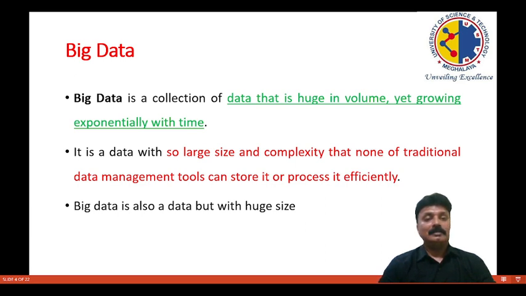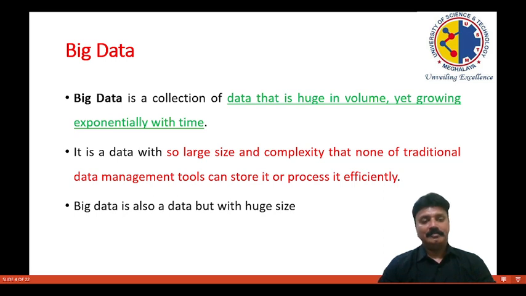From those systems the data generation will be very high, at the level of zettabytes, the size of which we will see in our further slides.